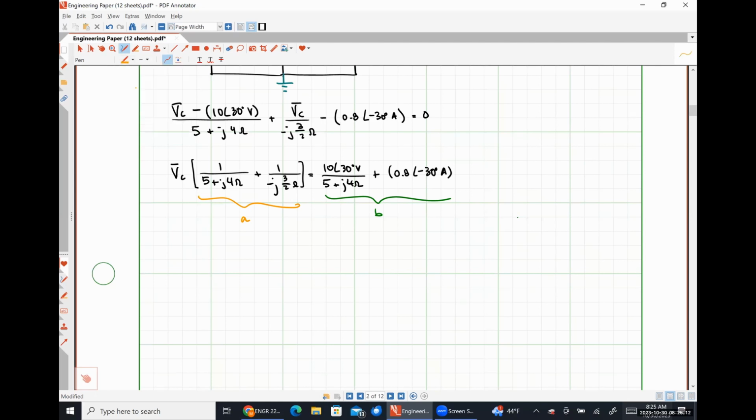So A is just 1 over 5 plus 4i plus 1 over negative 1.5i. I get A to be 0.582 with an angle of 77.905 degrees.